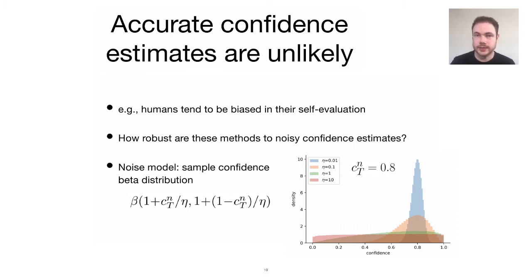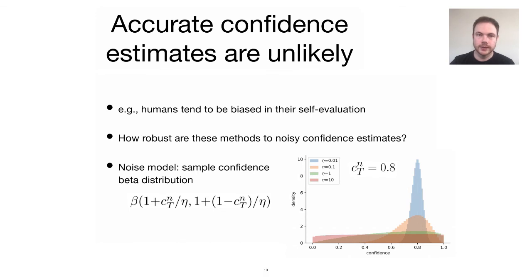To illustrate this noise model, we have here on the right the resulting confidence distributions for an expert with a true confidence of 0.8. Now, as you can see, as the noise level increases, the distribution from which we sample the noisy confidence tends towards a uniform distribution. So when the noise is high, the confidence is unrelated to the actual performance of the expert.